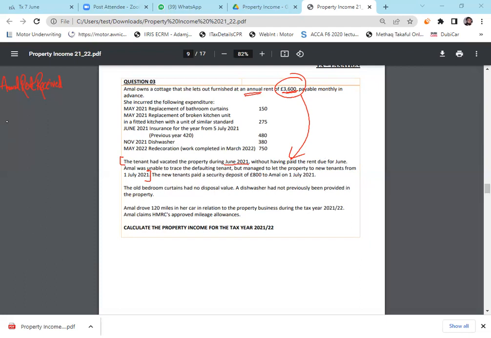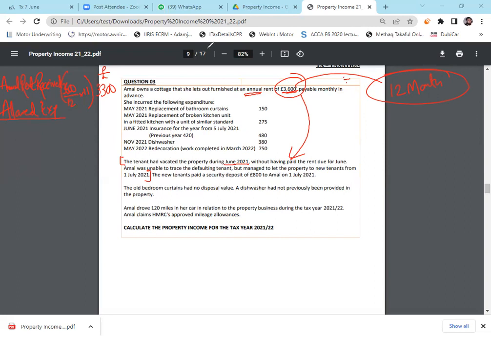He lost one month, so his annual rent received should be how much? 3,600 is annual rent, so this is for 12 months. Divided by 12, multiply by 11, we get answer 3,300, right or wrong? Right.